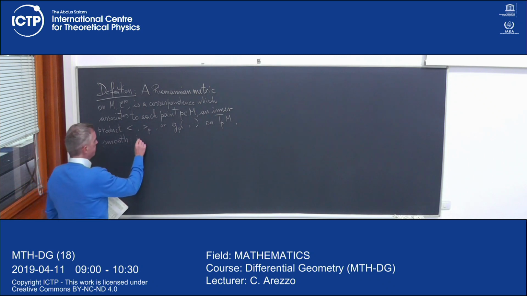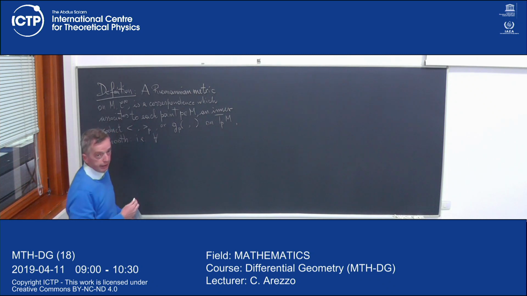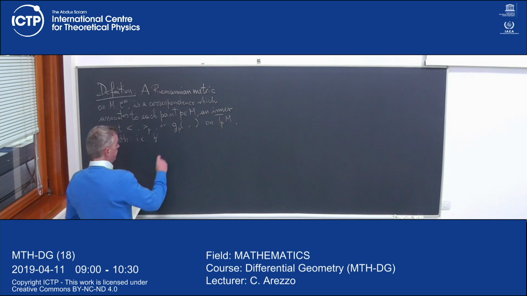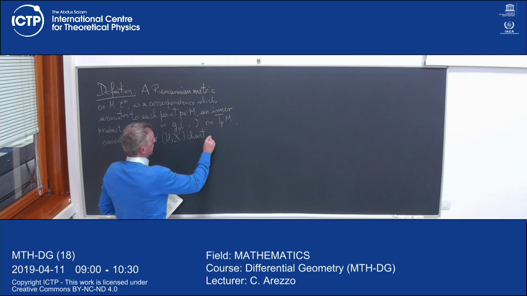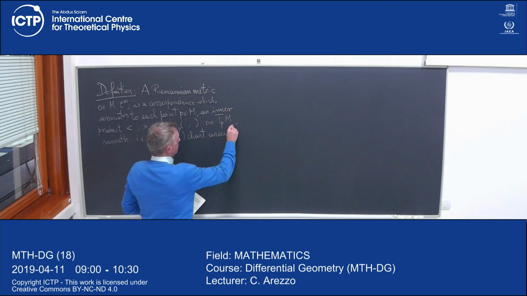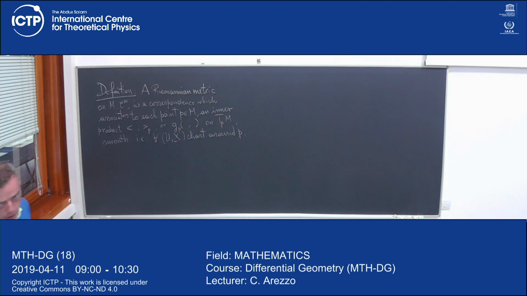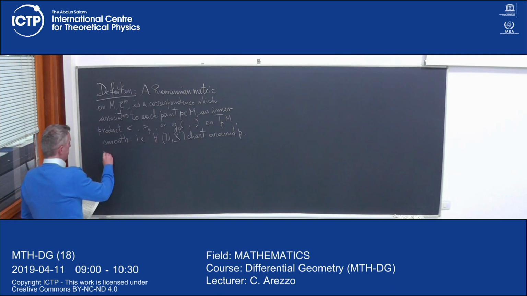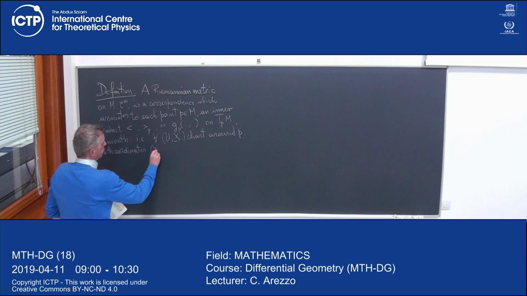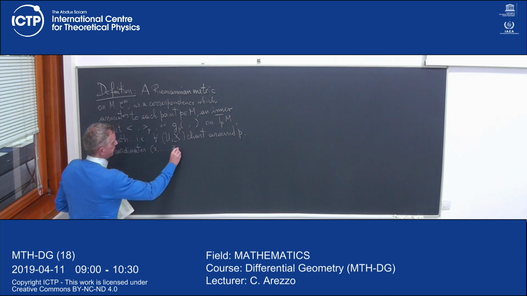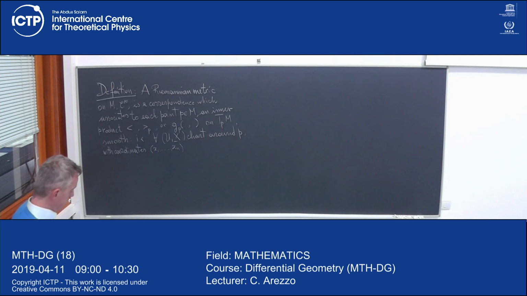So, for any chart. One way to say it is to pick a local chart. So if I take a chart U around P, of course it's a local property, so I can just look around there, with coordinates x1, ..., xn as usual, where n is the dimension.